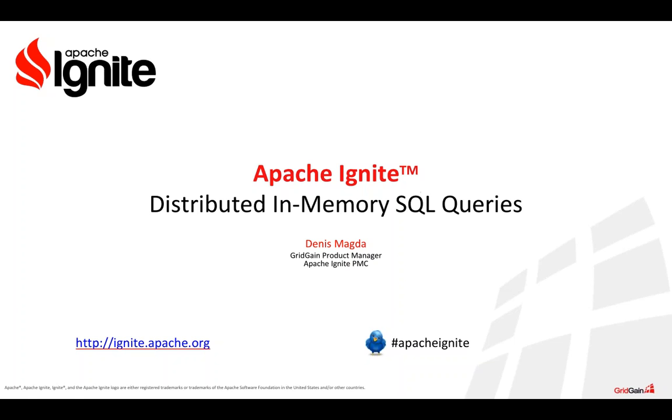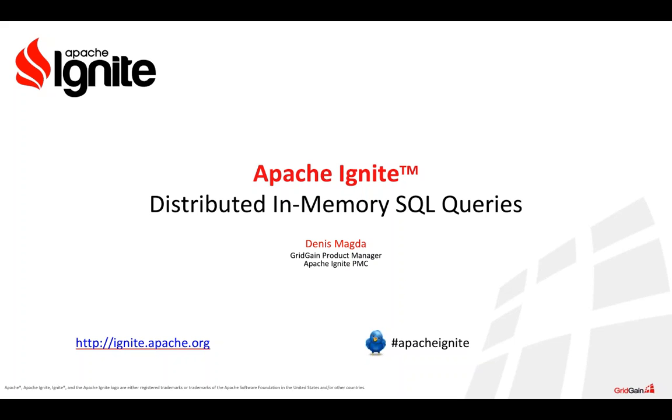And a couple of words about me. I'm a product manager at GridGain Systems. Also, I'm an active contributor, and even more, an active committer and PMC member of the Apache Ignite project.